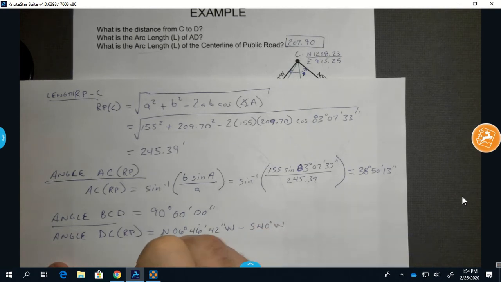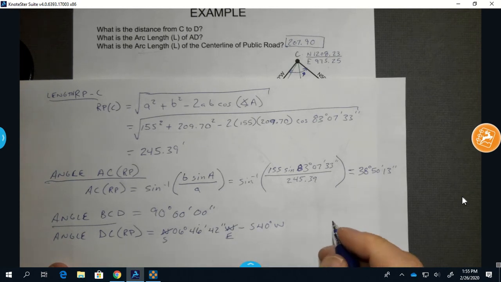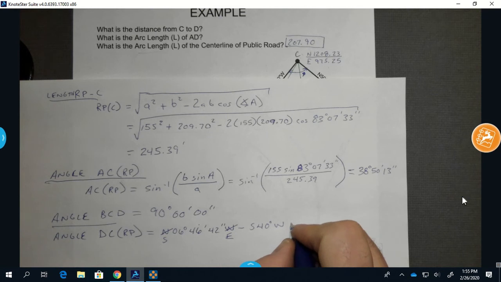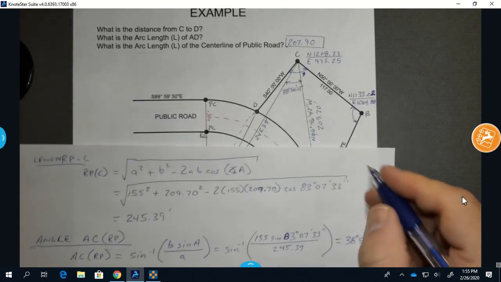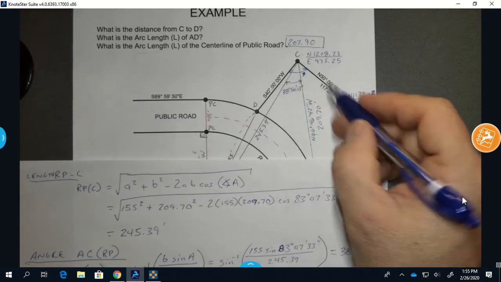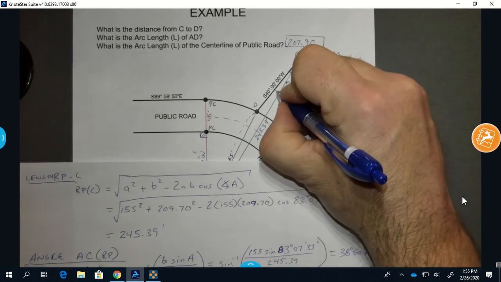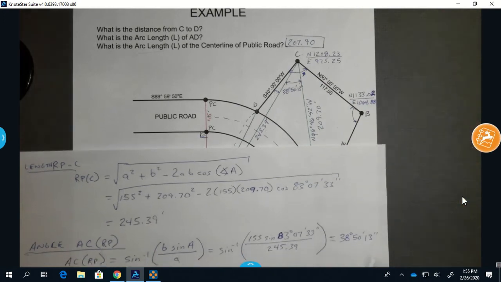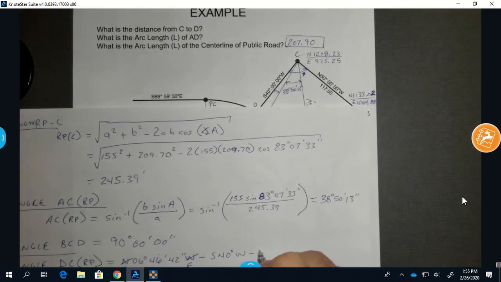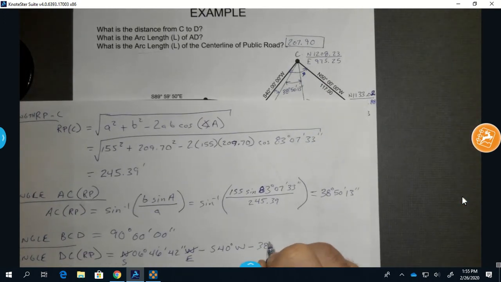So I'm going to call this a southeast. And then I'm also going to subtract this. So this minus this will give us this little tiny angle right here. So minus 38 degrees, 50 minutes, 13 seconds.